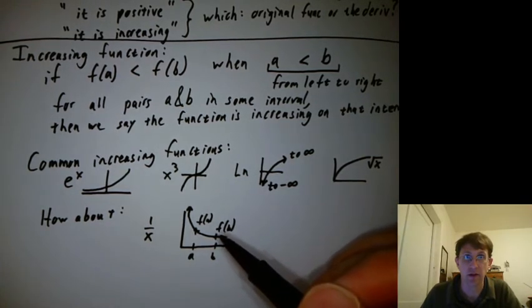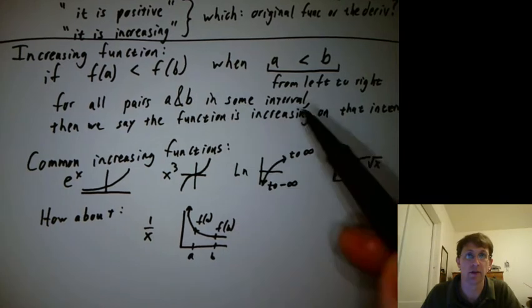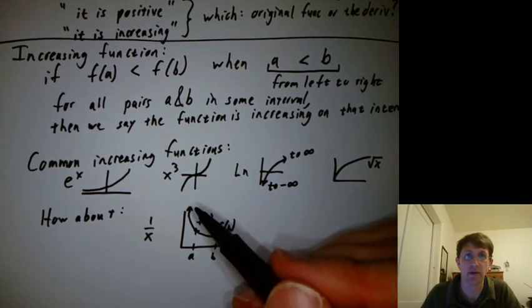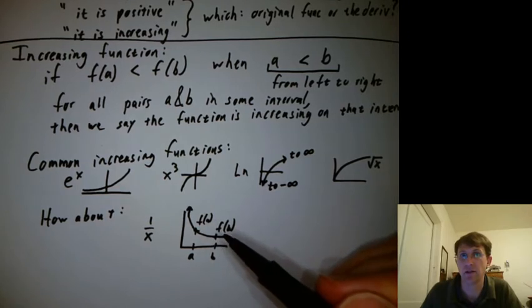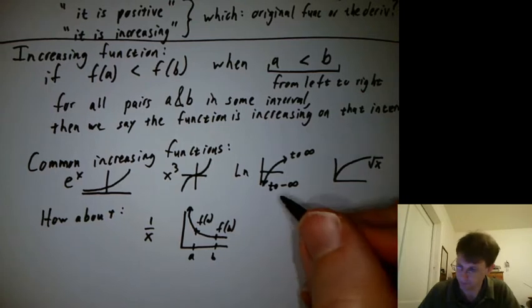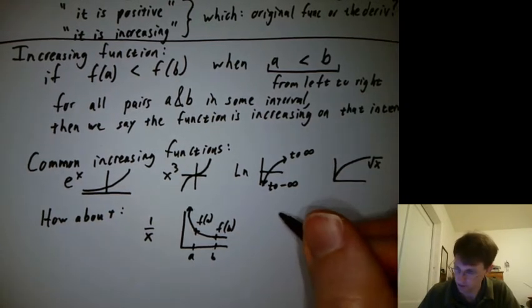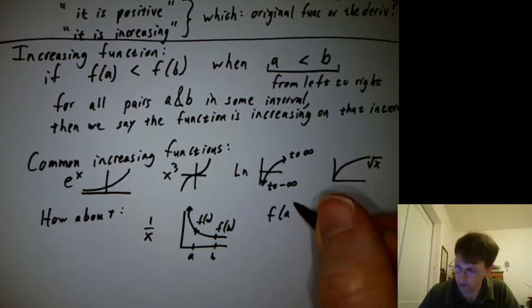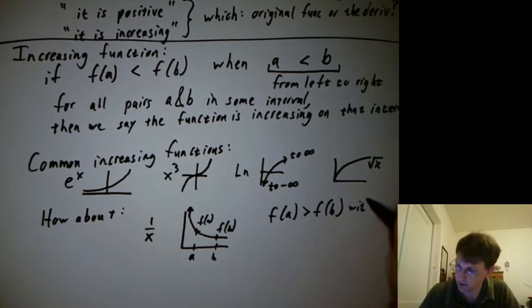So the tricky part here is the function is increasing if you go from right to left, but the definition of increasing is from left to right. So even though I drew that arrow there showing it goes to infinity, which sounds like it's increasing as you move to the left, it does not count as an increasing function. So in fact, this is a decreasing function. So f of a is bigger than f of b when a is less than b.